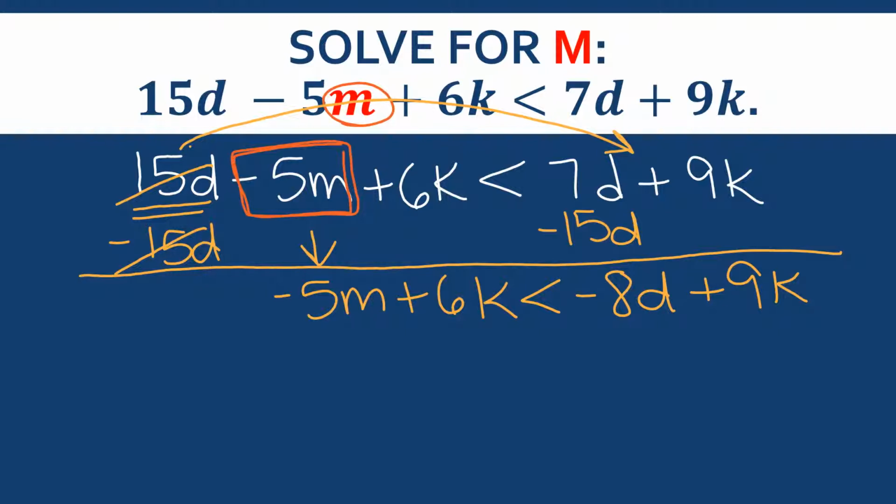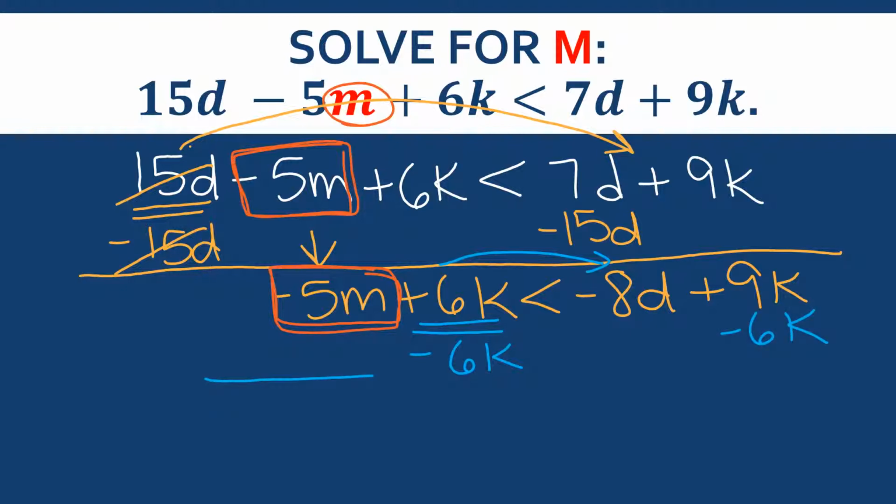Remember, our goal is to get m by itself. So let's go ahead and box that again. That's the last thing I can touch. So now if we look here, that means that we have this plus 6k we need to bring over. And if that's a plus, to bring that to the other side, we do the opposite, which means we subtract. I'm going to put it right underneath this 9k because they both have like terms.